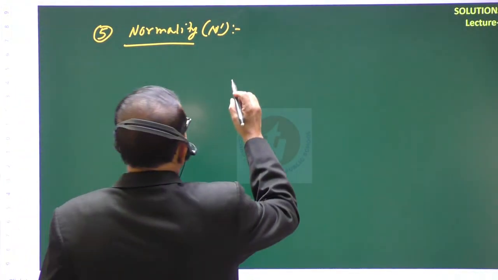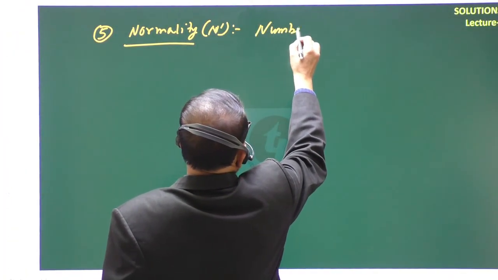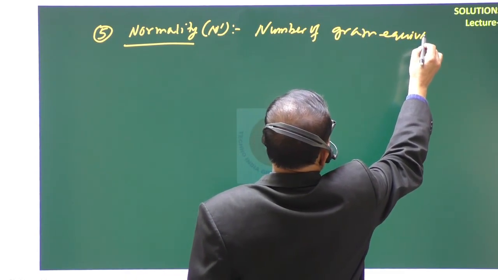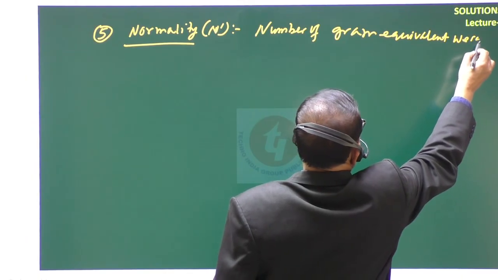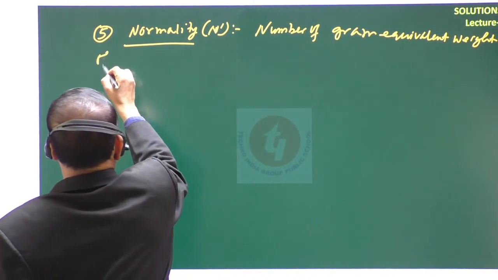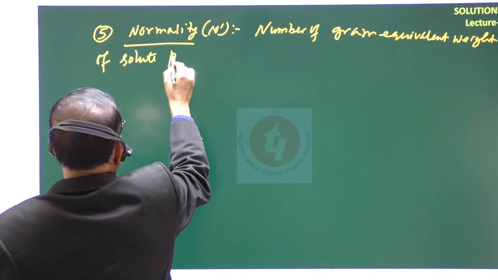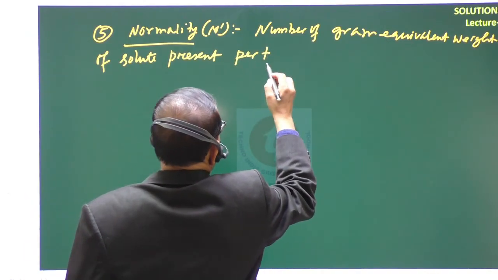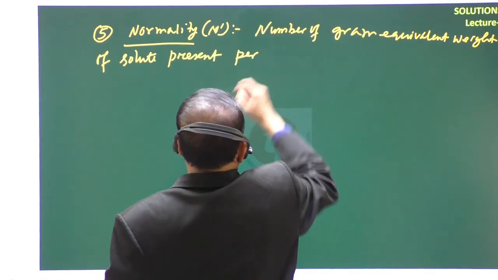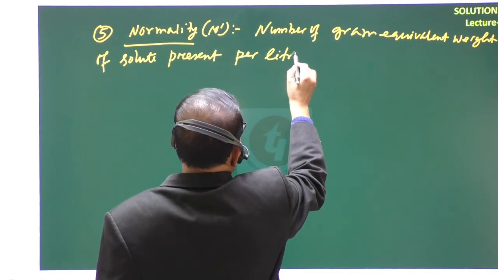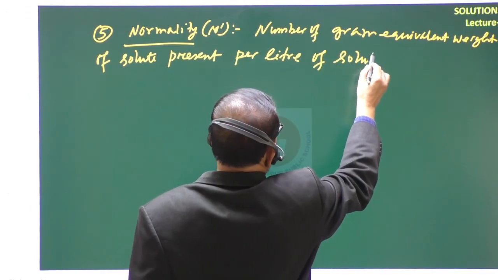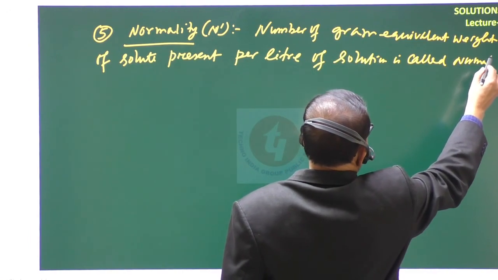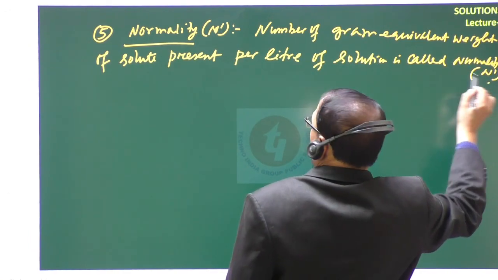So we can say the number of gram equivalent weight of solute present per liter of solution is called normality. Normality I denote as capital N dash.